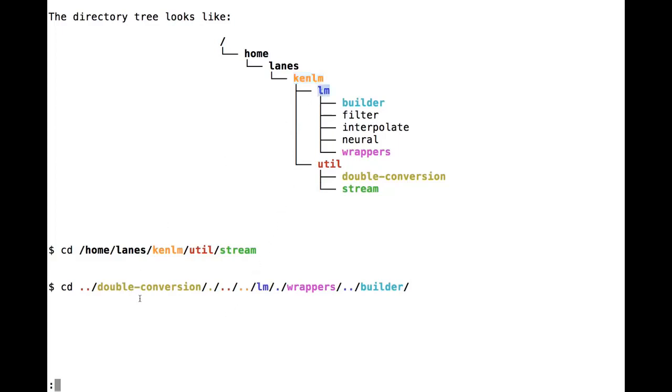lm, which you see in blue, is a subdirectory of kenlm. So, ../double_conversion/../../lm refers to /home/lanes/kenlm/lm.